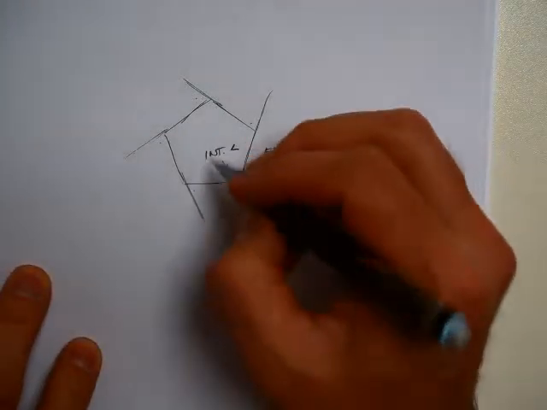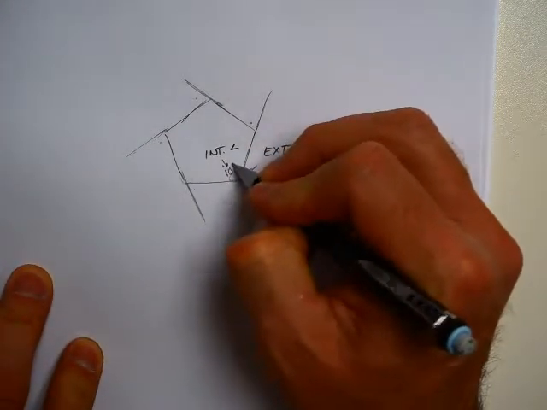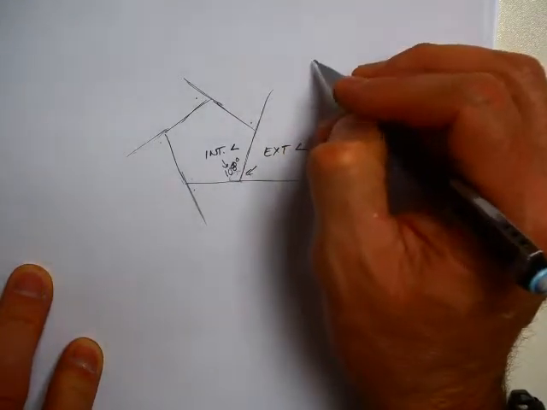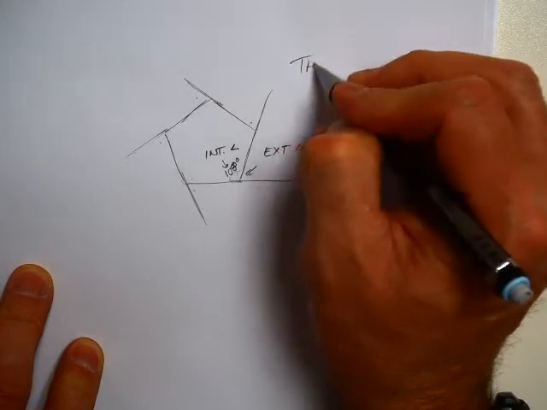So if each of these is 108 degrees, that's going to be the sum of the interior angles.